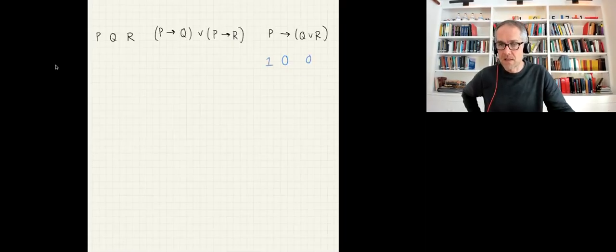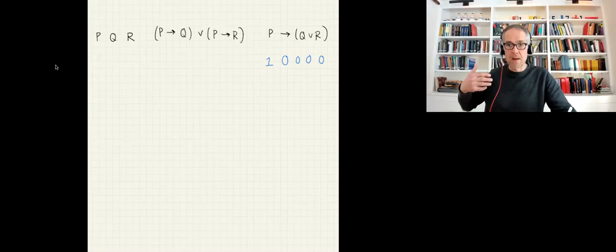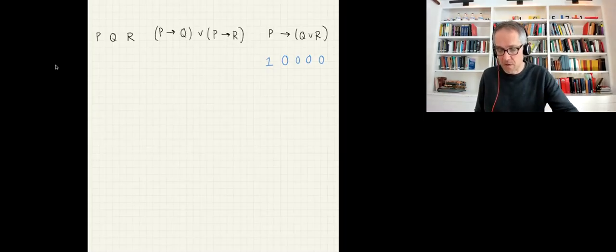What's more, because the consequent here is a disjunction, the only way it can be false is if both Q and R are false. Okay, so notice I've gone from the hypothesis that the conclusion is false to determining the truth values in this case of P, Q, and R, and that's going to determine the truth values of the premise. So I'll just go fill those in.